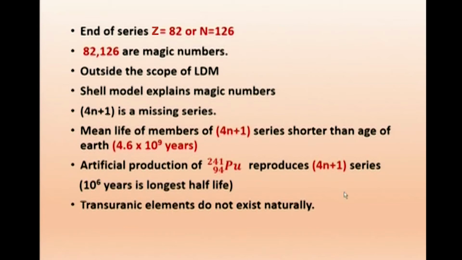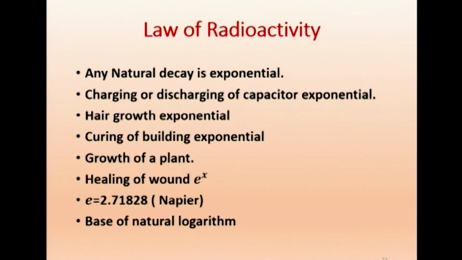We talked about the radioactive series. Now, what is the law of radioactivity? We find that any natural decay is exponential. For example, you would have studied in electricity subjects, if you charge a capacitor, it will charge exponentially. It will take some time, and then it will saturate.